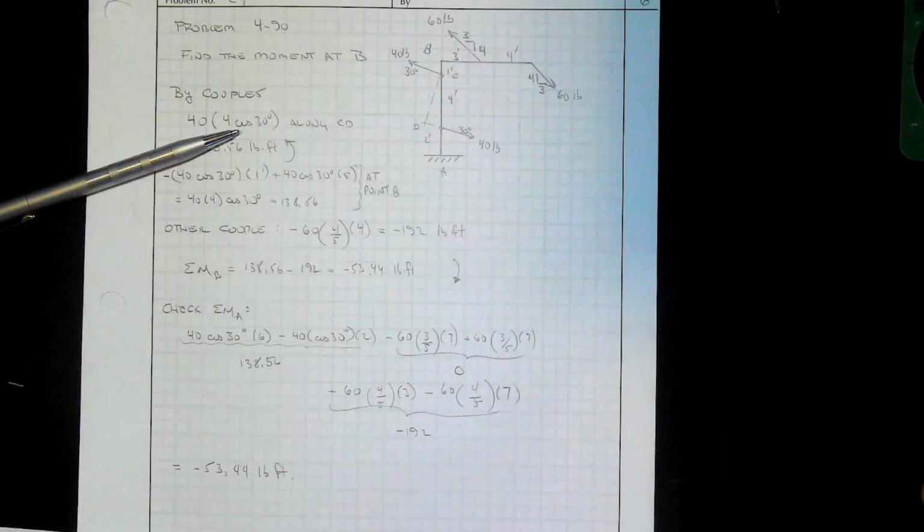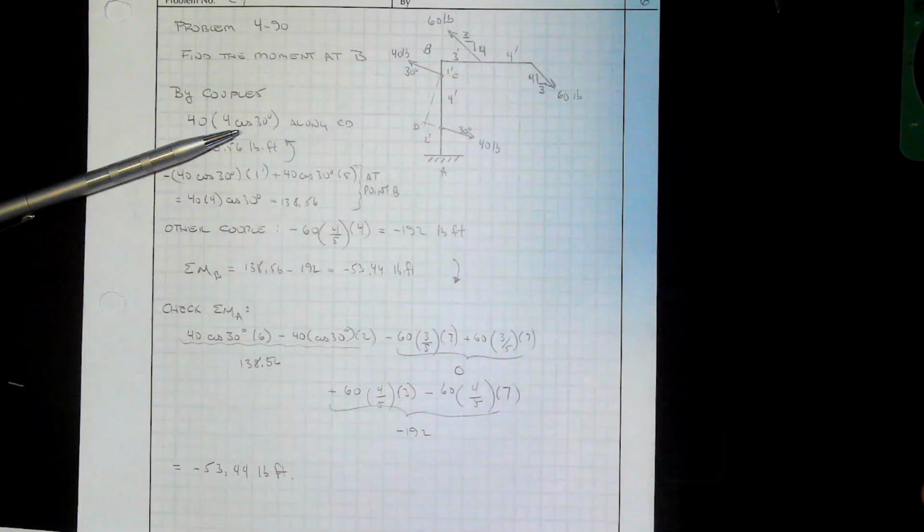For this, the vertical component would be 60 times 4/5. That would be the amount of the force going straight down. The amount of the force going out this way aligns with this point. I'm going to compute the moment right here. The x component of the force does no moment, only the y component.